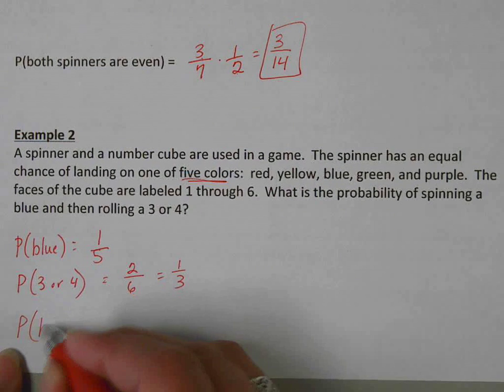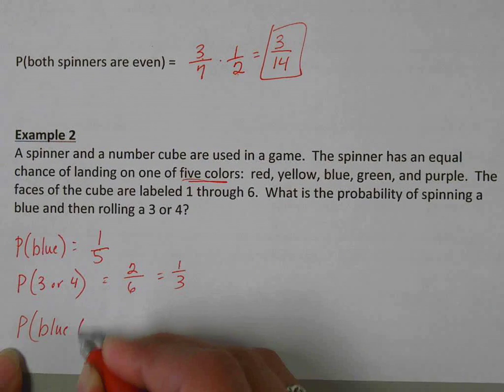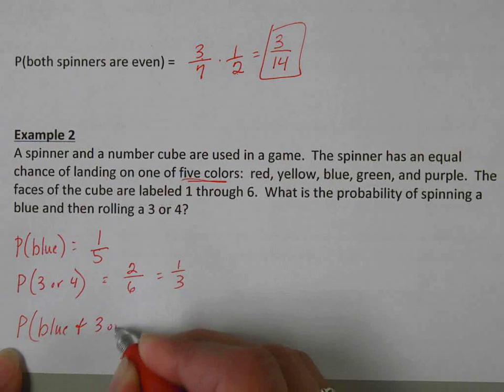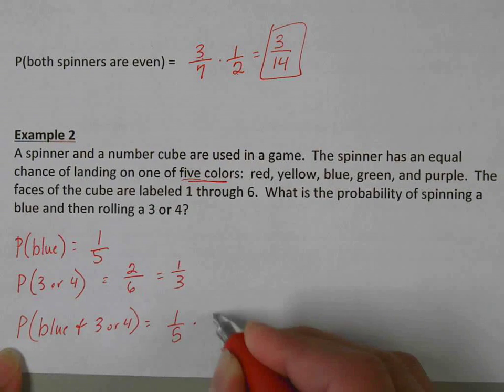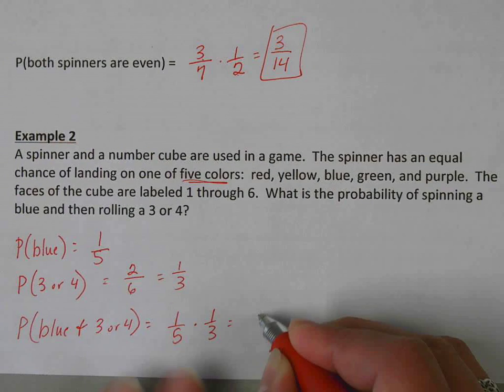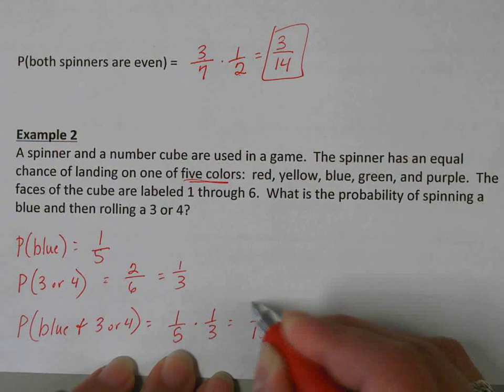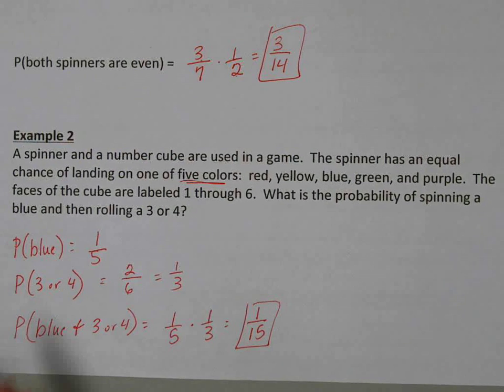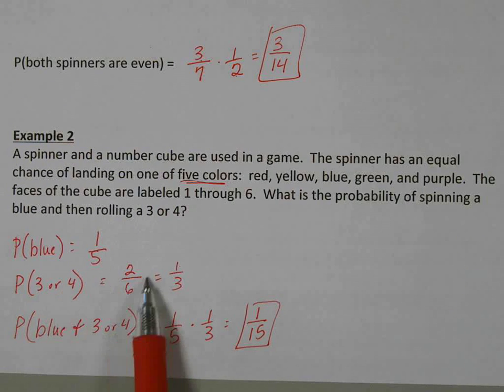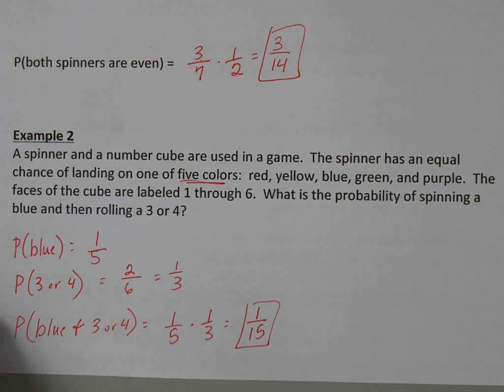So the probability of spinning a blue and rolling a 3 or 4 is 1/5 times 1/3. So I have a 1 in 15 chance of getting a blue and a 3 or 4. So again, the probability of blue was 1 out of 5. The probability of a 3 or 4 was 1/3. And so 1/5 times 1/3 is 1/15.